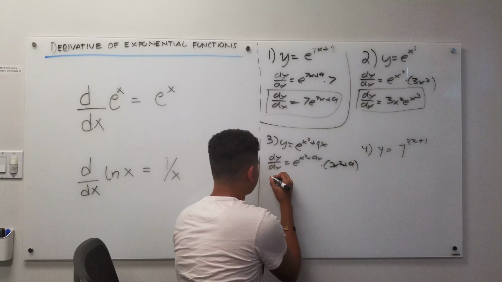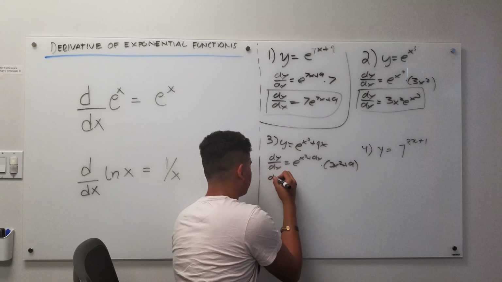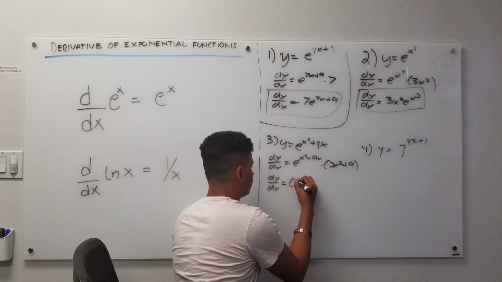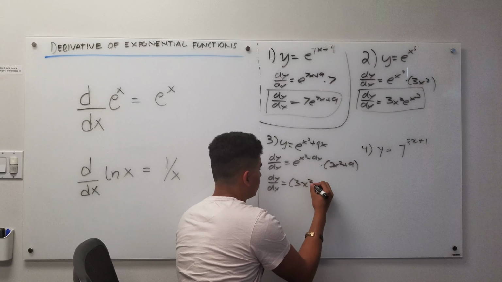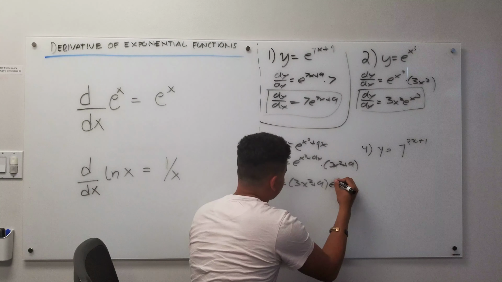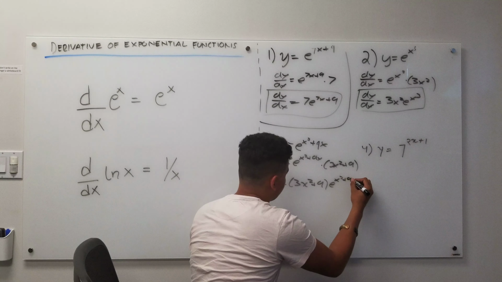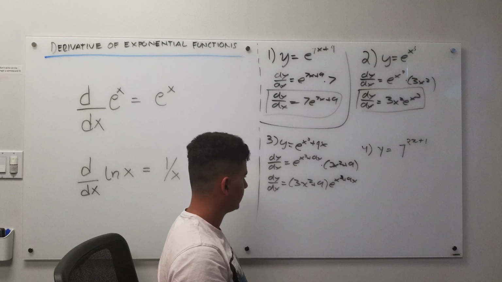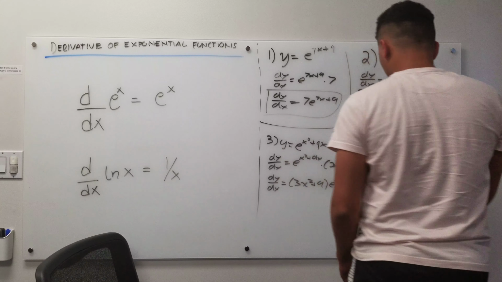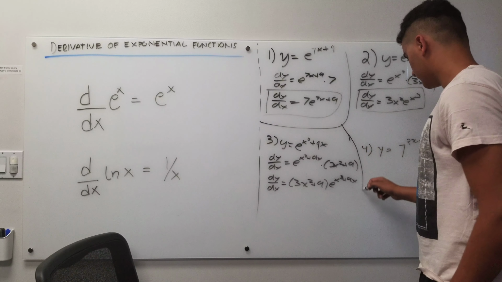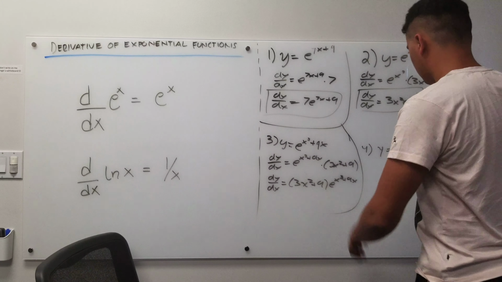So then dy/dx is equal to 3x squared plus 9 times e to the x cubed plus 9x. Now you can simplify that more if you want by distributing the e in, but for the sake of this video, I'll keep that a little short.